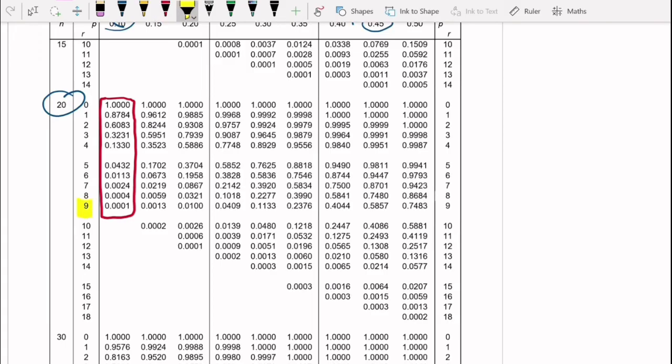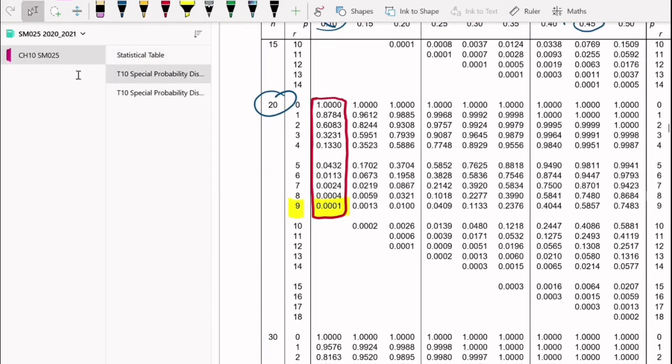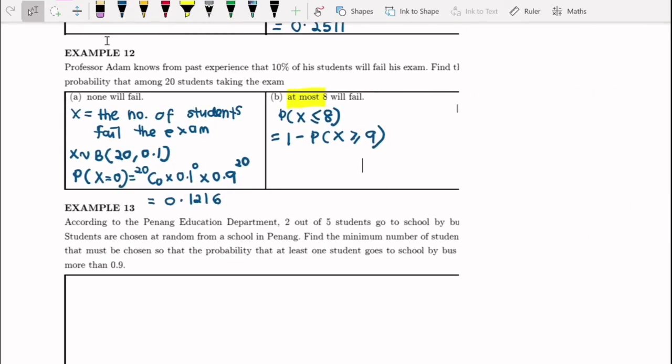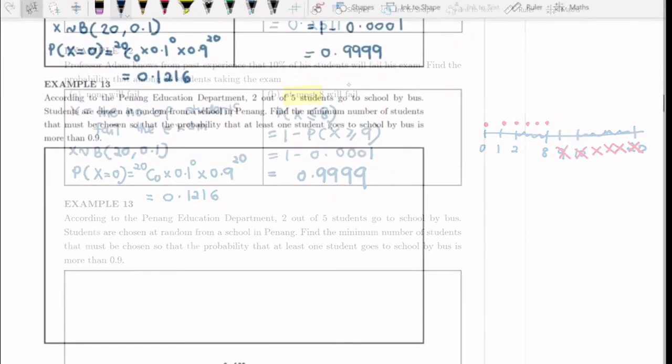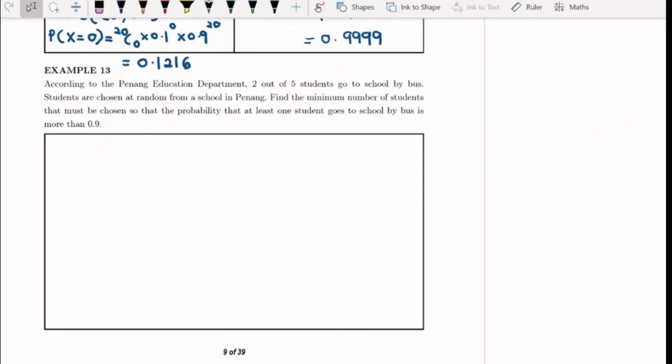This is 9, the value of x, and this is the probability, 0.0001. So probability x less than or equal to 8 is equal to 1 minus probability x greater than or equal to 9, which is 1 minus 0.0001. So the final answer is 0.9999.